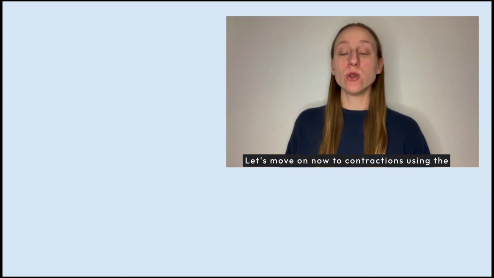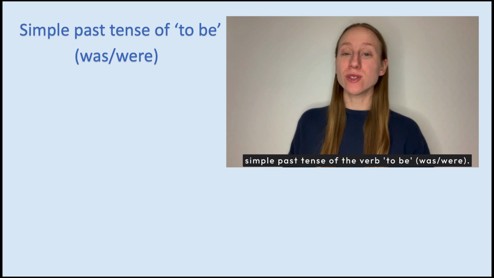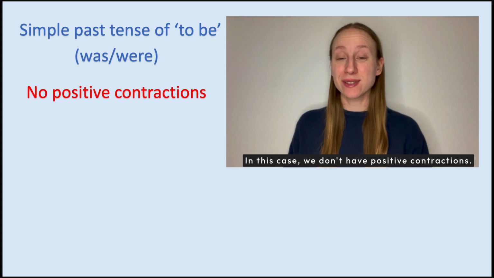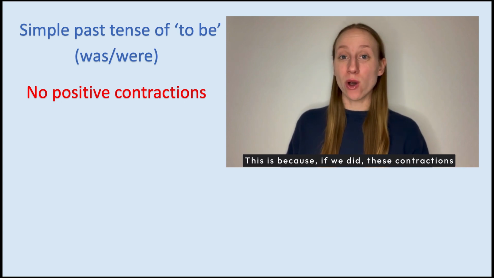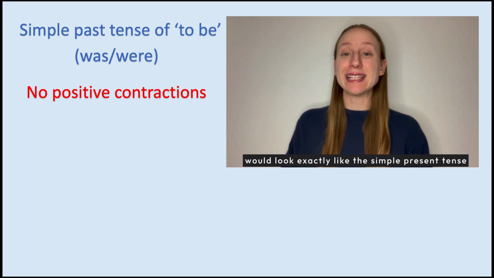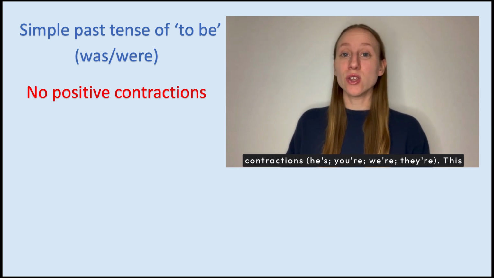Let's move on now to contractions using the simple past tense of the verb to be, was or were. In this case, we don't have positive contractions. This is because, if we did, these contractions would look exactly like the simple present tense contractions: he's, you're, we're, they're.